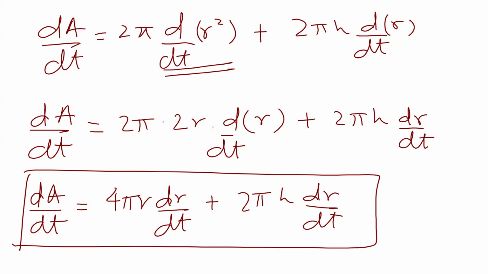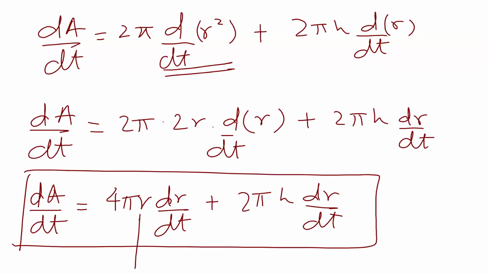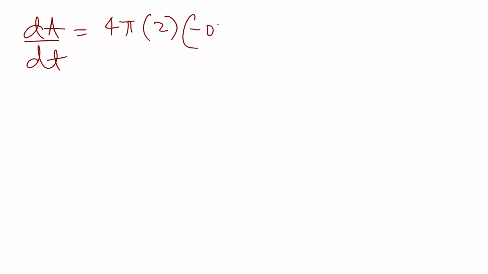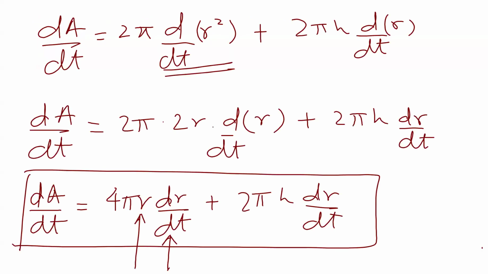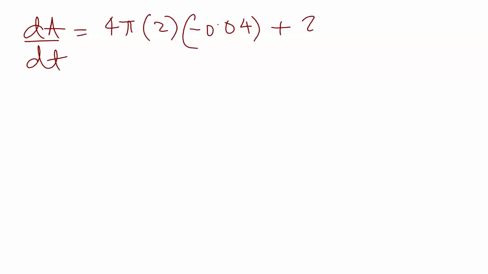So next page, dA by dt is equal to 4 pi r. R is nothing but 2, the initial radius. dr by dt is minus 0.04, plus 2 pi, h is 5, dr by dt minus 0.04.